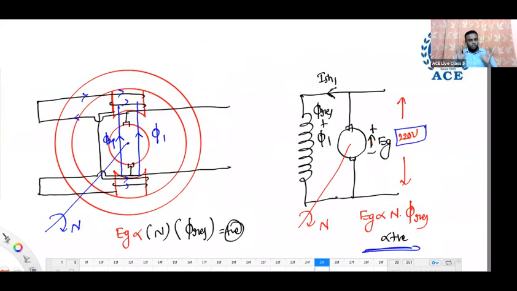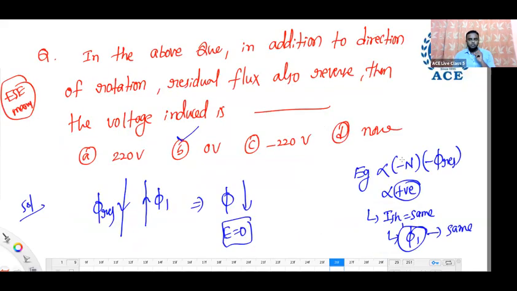See, this is the reference for all questions. Here voltage builds up: clockwise direction, and the residual flux we take in reference as upward. Phi1 is produced also in the same upward direction. The EMF builds up, positive. Now according to the question, the direction of rotation is reversed, and in addition to that, the residual flux is also reversed. So I reversed the residual flux here already.